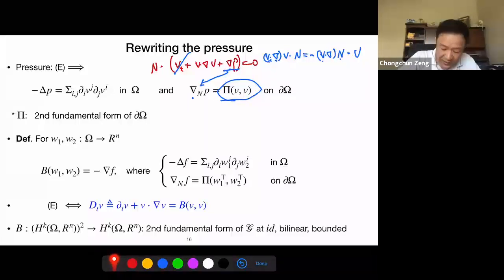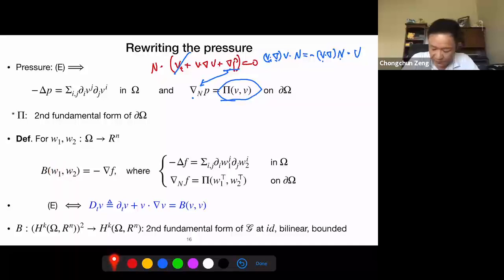So motivated by this calculation, for any vector fields W1 and W2, we define a bilinear transformation. The bilinear transformation is completely motivated by the above.